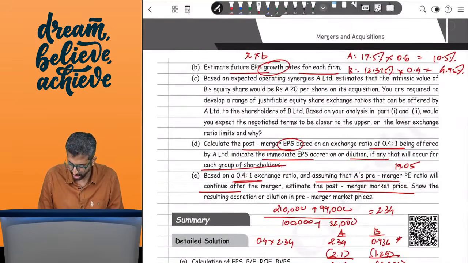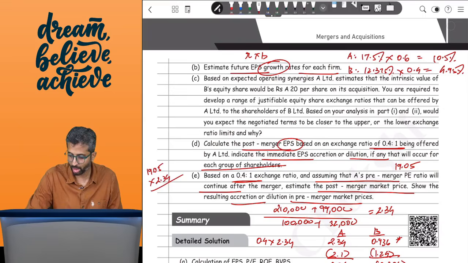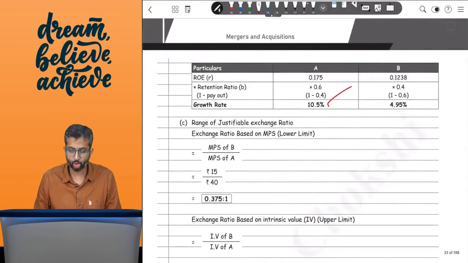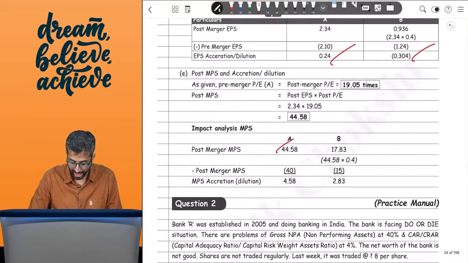Estimate the post merger market price, show the resulting accretion or dilution in market price. Again you want to do the impact analysis. So this is 19.05 into 2.34, there's a very clear instruction that you have to use this, so 44.58.